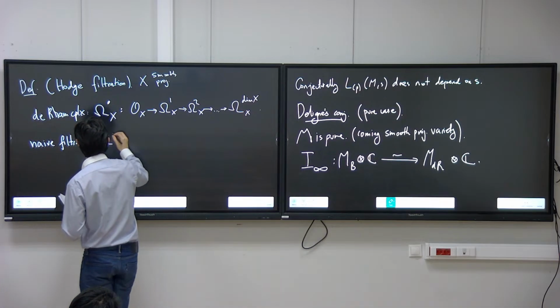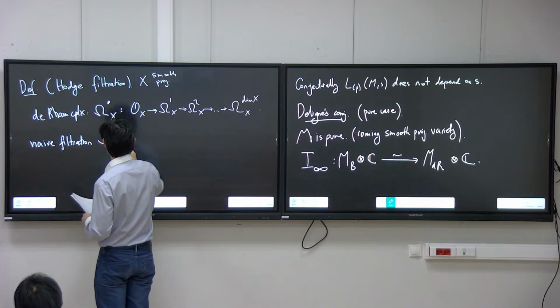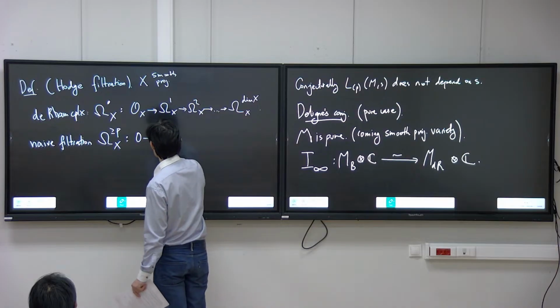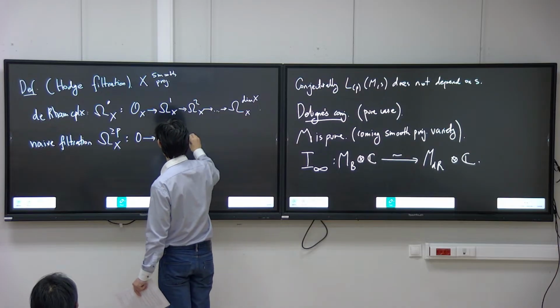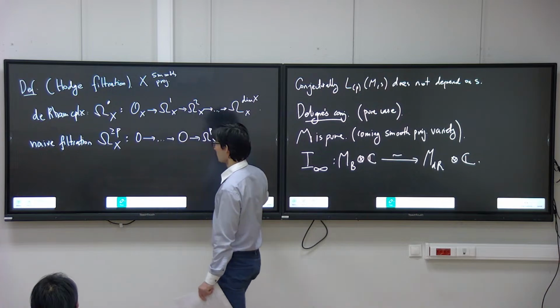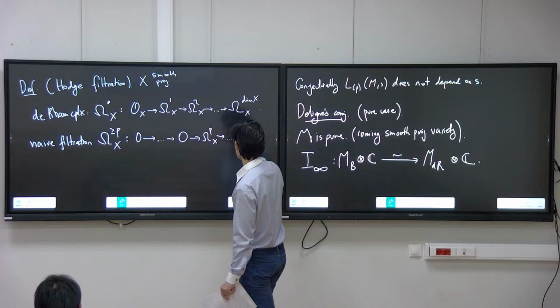This is the complex where you have just degree parts greater or equal to p. So this is 0, 0, and then it only starts at Omega^p, the differentials of order p.